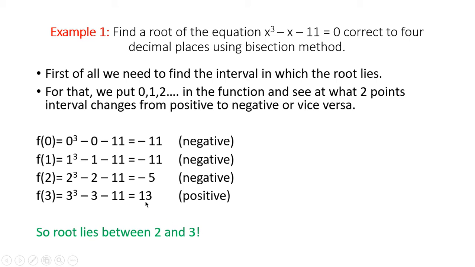Moreover, in our previous video we said that the point at which the function gives a negative value, we call it the a point, and the point at which the function gives a positive value, we call it the b point. So in this question a is equal to 2 and b is equal to 3.